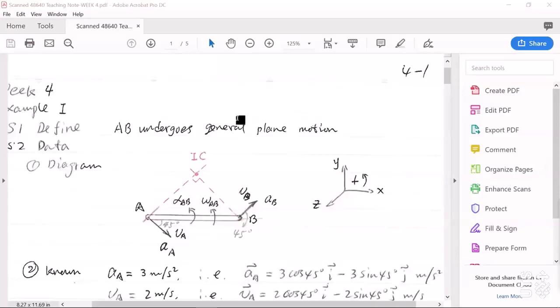So it's easy to define: AB undergoes general plane motion.